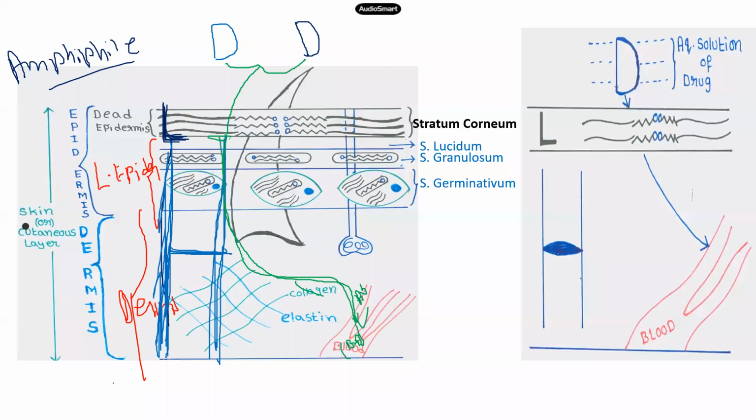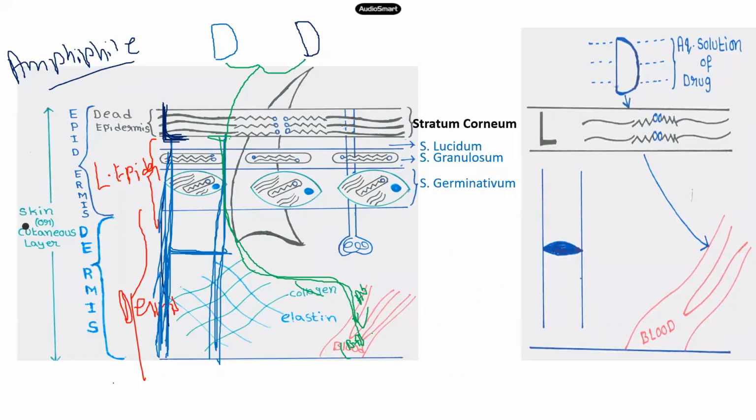Once you enter into the room, you can enter into a cooking room or a bathroom or a bedroom, whatever it may be. So the major space is polar. That's why a drug which is more water soluble is widely distributed in the entire living epidermis and dermis and rapidly enters into blood.